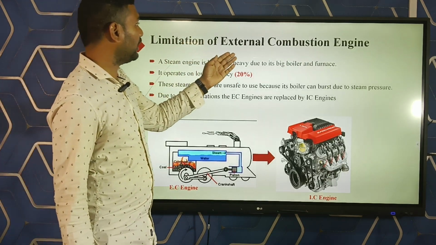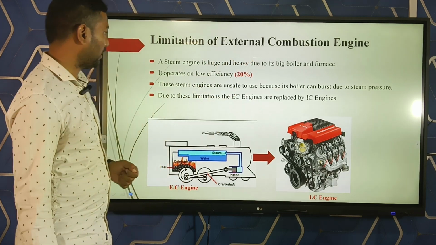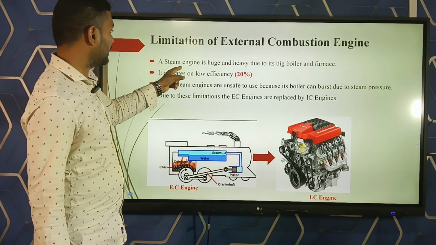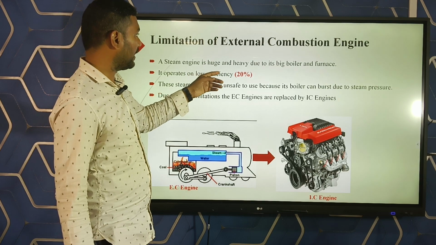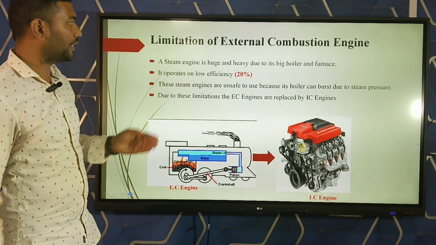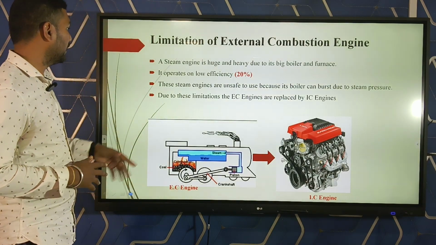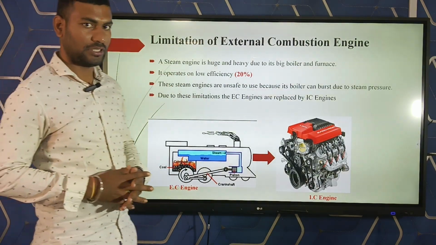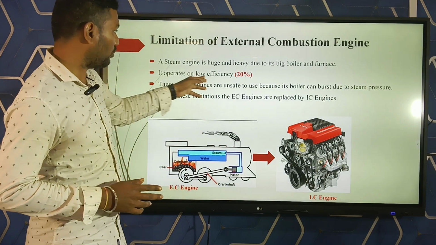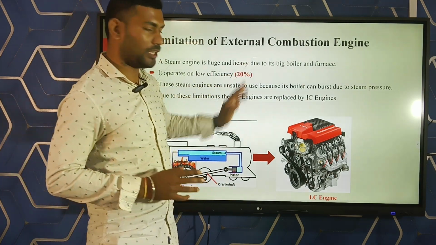Then limitations of the external combustion engine. First point, a steam engine is huge and heavy due to its big boiler and furnace. The second point is that it operates on low efficiency, that means 20%.